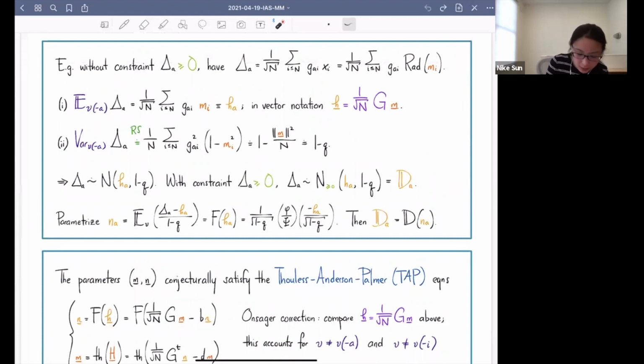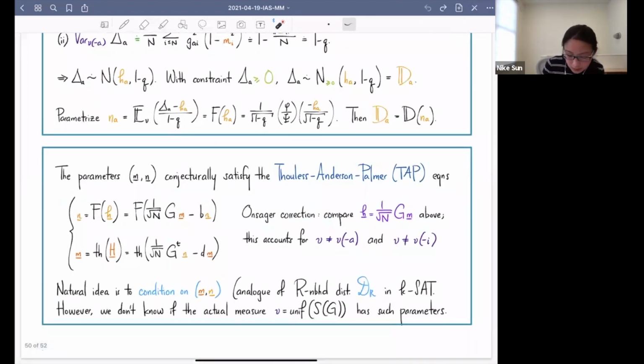I said without the constraint a, I have this, and then I put back the constraint and just made this change. This is not exactly correct, because when I remove a constraint, I also change the parameters a little bit, and I didn't account for that in this calculation here. These equations correctly account for the change between when you remove a constraint and when you put the constraint back in.